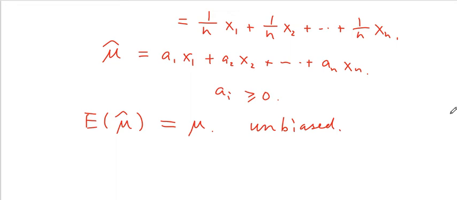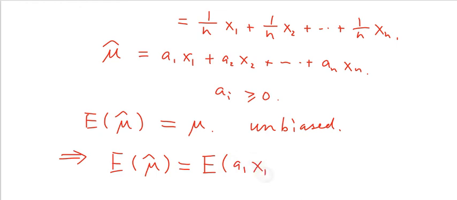So we have mu hat equal to a1 x1 plus a2 x2 plus up to an xn.